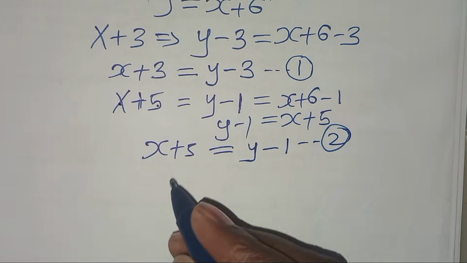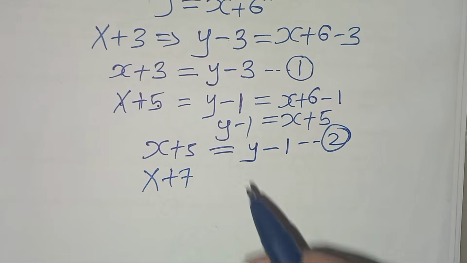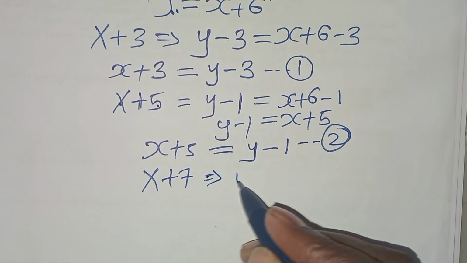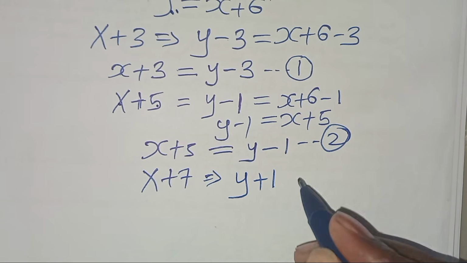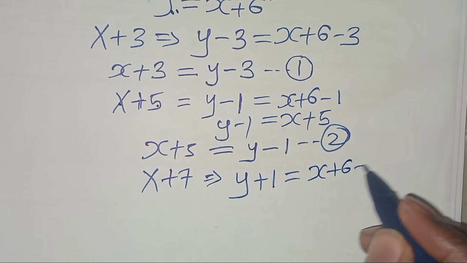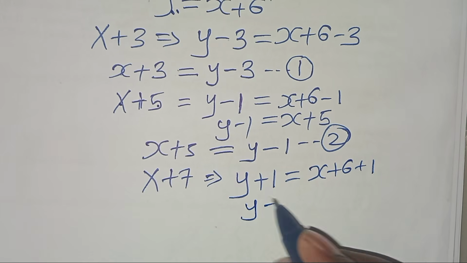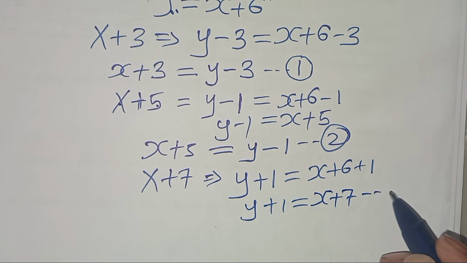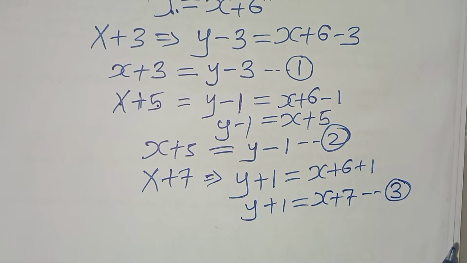We have also x plus 7. In terms of variable y, this can be expressed as y plus 1, so we add 1 on both sides, giving x plus 6 plus 1. So y plus 1 is the same thing as x plus 7. Let's call this equation 3.